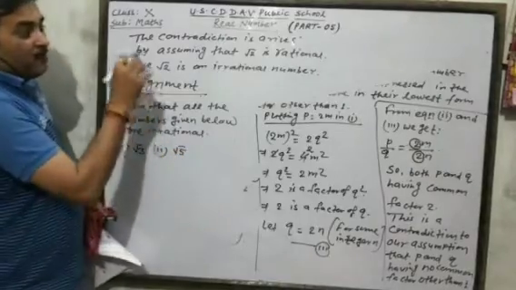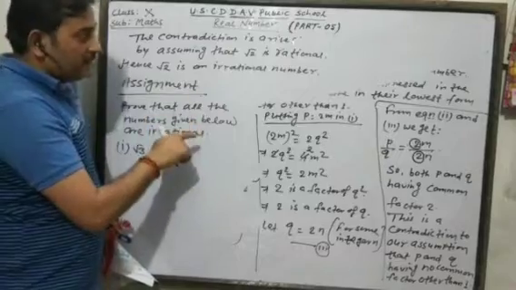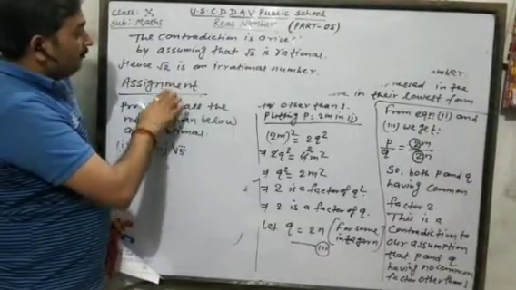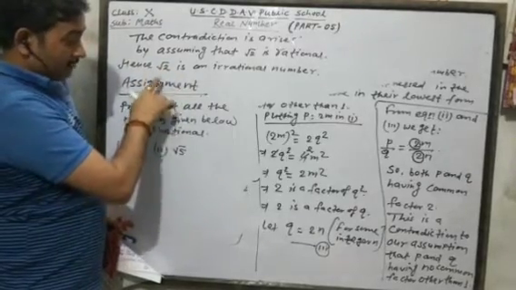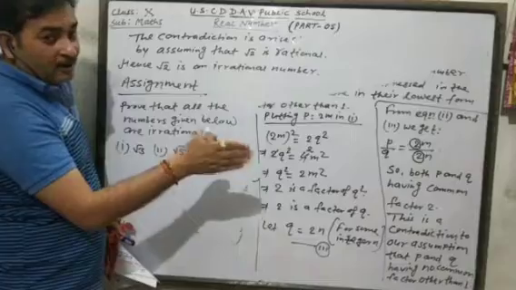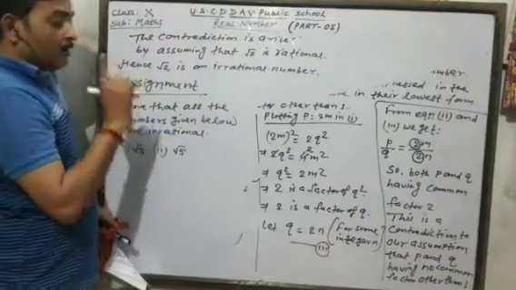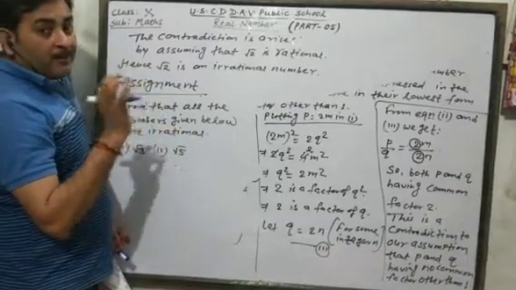This is the most important question from your examination point of view. This year also, a question has arrived from this: prove that root 2 is irrational, or prove that root 3 is irrational, or prove that root 5 is irrational. One question arises every year.